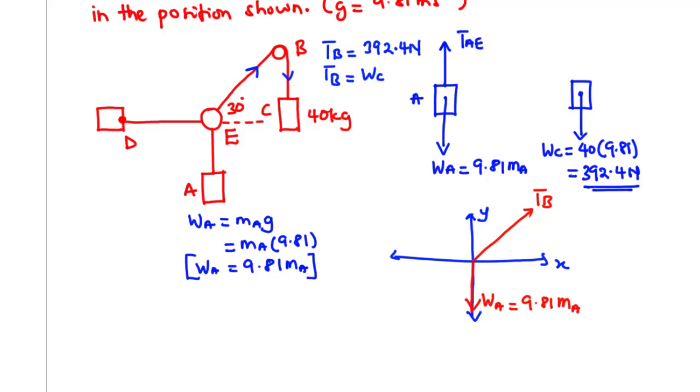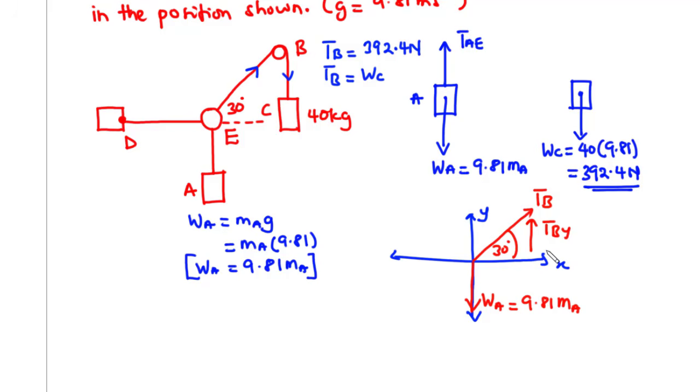So at this point, we are going to find the mass of cylinder A. In doing so, let's find the y component of TB. The y component of TB is going to act along the positive y-axis. So this is TBY. Now we know that the angle between TB and the positive x-axis is 30 degrees. The reason we are not focusing on the sum of forces along the x-axis is because in finding the mass of A, we just need the sum of forces along the y-axis.